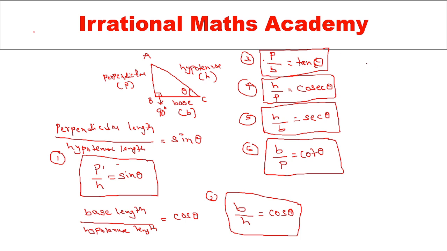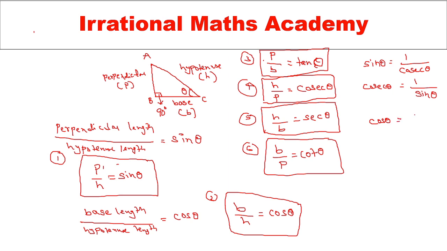Next, we have some relationships between ratios. Sin theta is P by H, and cosecant theta is H by P. That means sin theta is equal to 1 by cosecant theta, or cosecant theta equals 1 by sin theta. Similarly, cos theta is base by hypotenuse, and secant theta is hypotenuse by base.